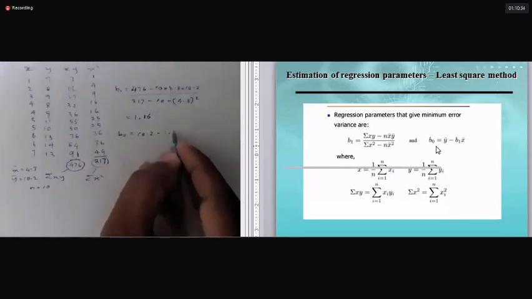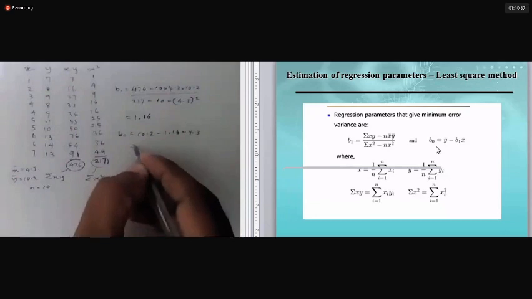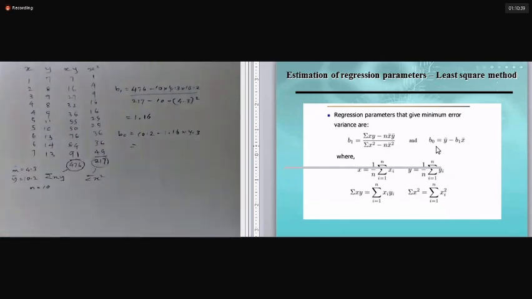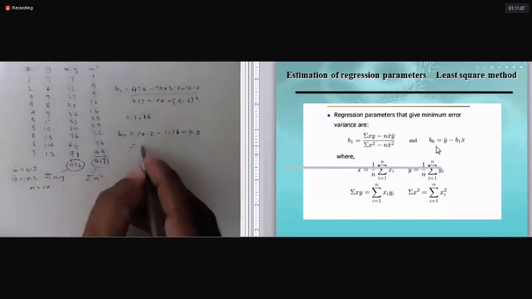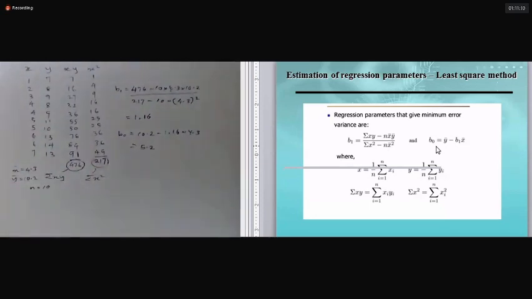So B1 means 1.16 multiplied by 4.3. So it's approximately 5.2.